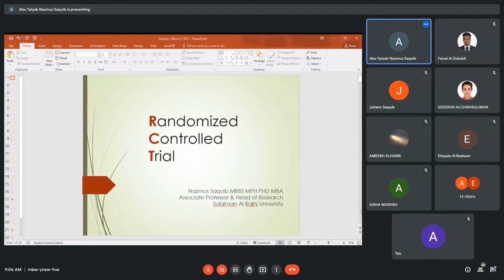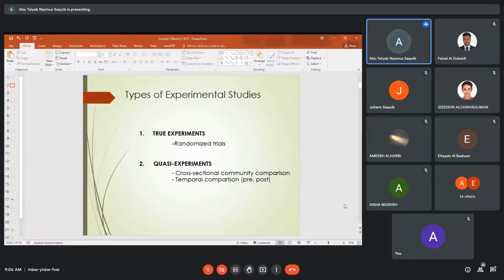If you remember from the last class, we talked about how studies are of two types. One is observational, where the observational study means the investigator only observes but does not interfere. In this type of study, you have cross-sectional, case control, and cohort. But the other type of design is the experimental design.